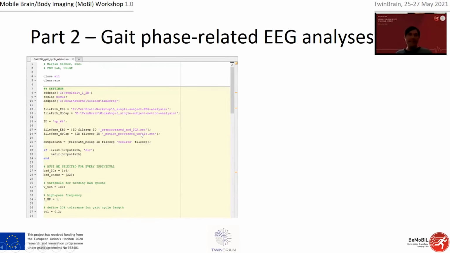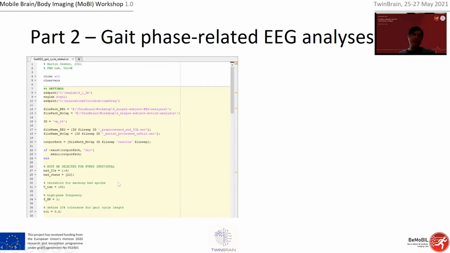So what I did is again set the parameters, meaning you have to change the path to your EEGLAB folder, your Brainstorm folder, and your EEG plus motion capture folder, the former being folder 5, the latter being folder 6, and the rest should be automatic.